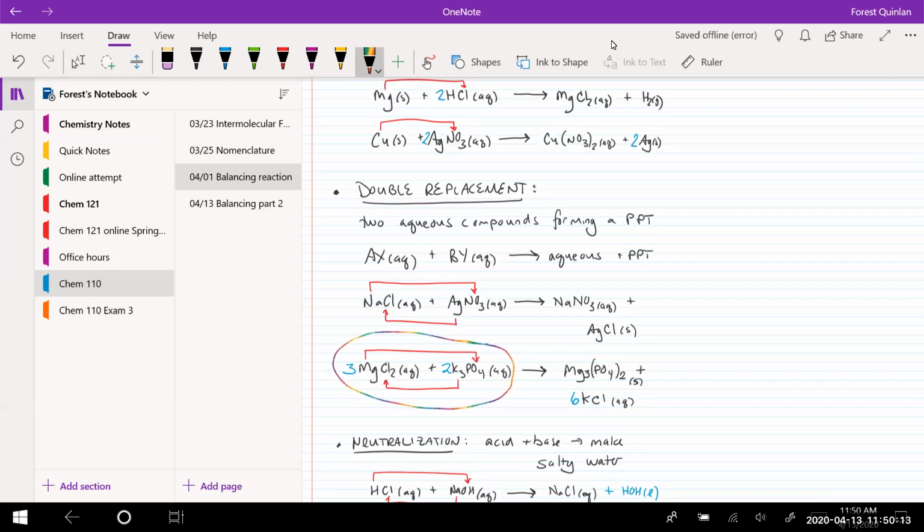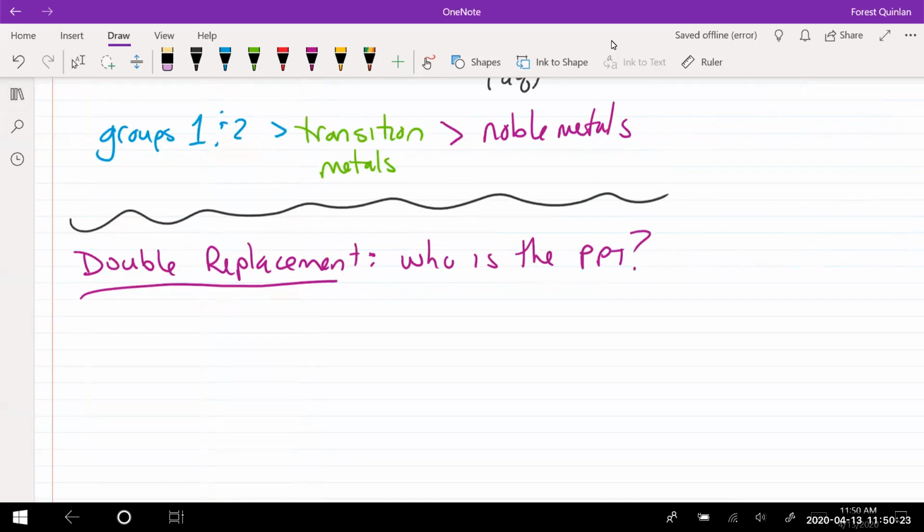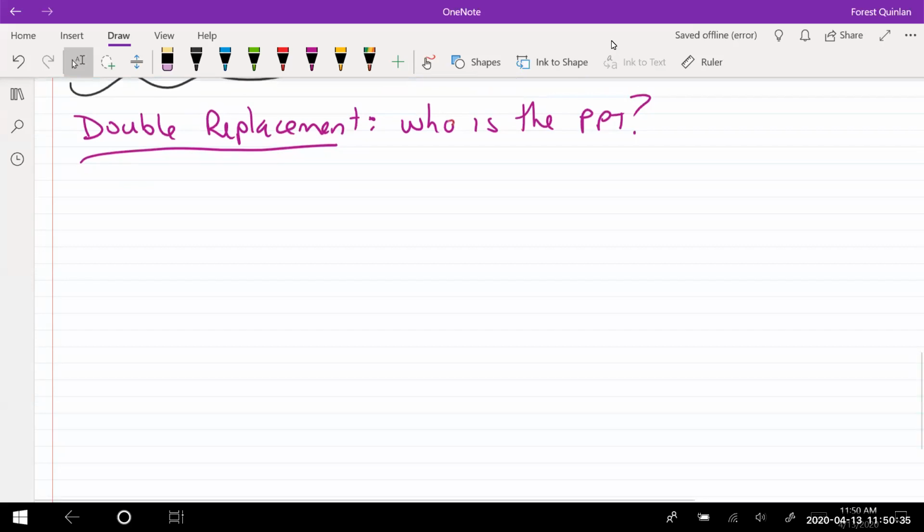It's going to be your job to predict what's on the right-hand side and also who is the solid, that PPT. So it's actually not that bad, but there are some rules, the so-called solubility rules. I have those printed out. Believe it or not, I'm doing my entire lecture here with 2 small pieces of paper.